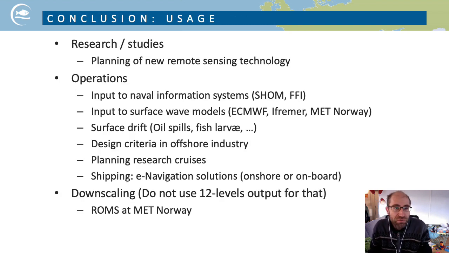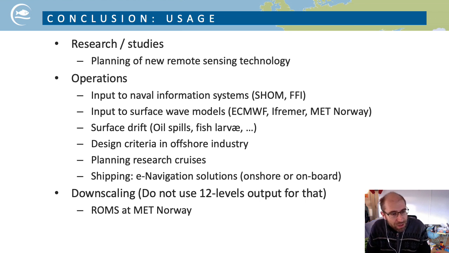The usage of the system can be for research, the planning of new remote sensing technology, for example, or operations. So we have here a list of different operations that can use the forecast, with oil spills and design criteria for offshore industry.